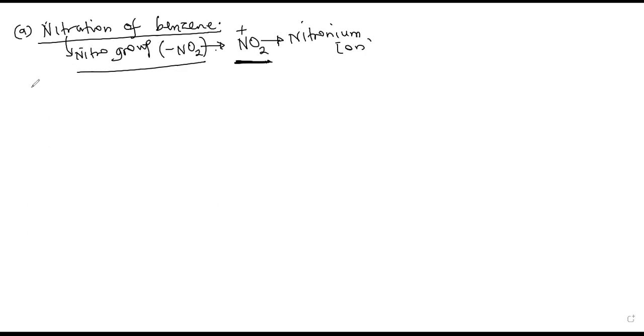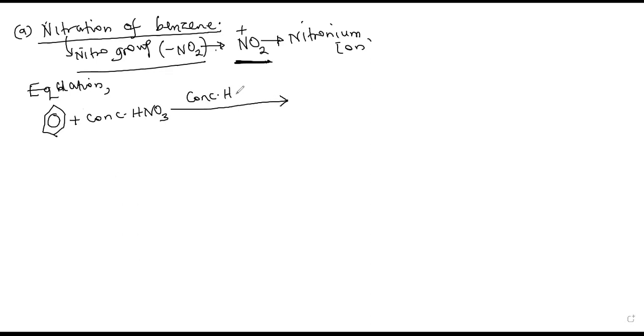And therefore, the equation for the reaction is: benzene ring, we add concentrated nitric acid, then also we add concentrated sulfuric acid.